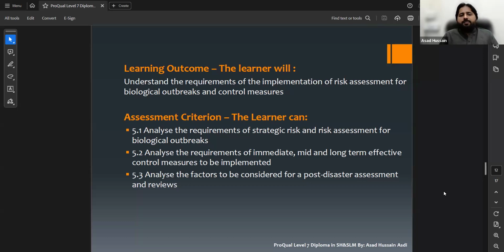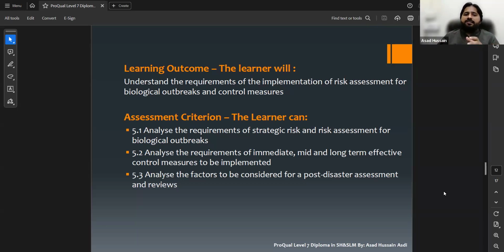The first one is 5.1, analyze the requirements of strategic risk and risk assessment for biological outbreak. So basically, as you know very well, in the hierarchy of organization or in chain of command, everything is coming from above. You have to analyze with regard to your organization what the requirements of strategic risk are, and why you are considering biological outbreaks in general risk assessment.